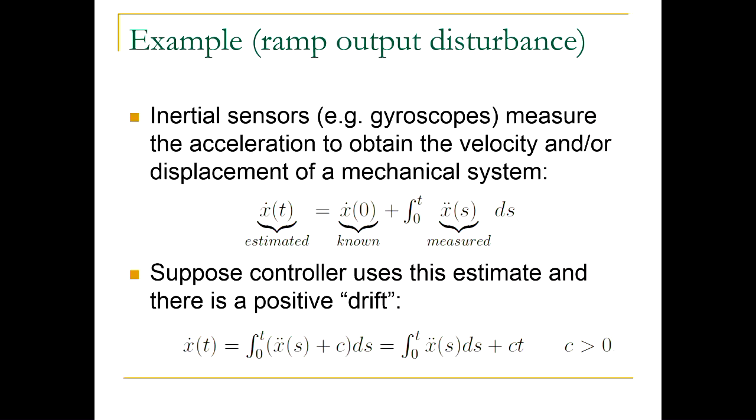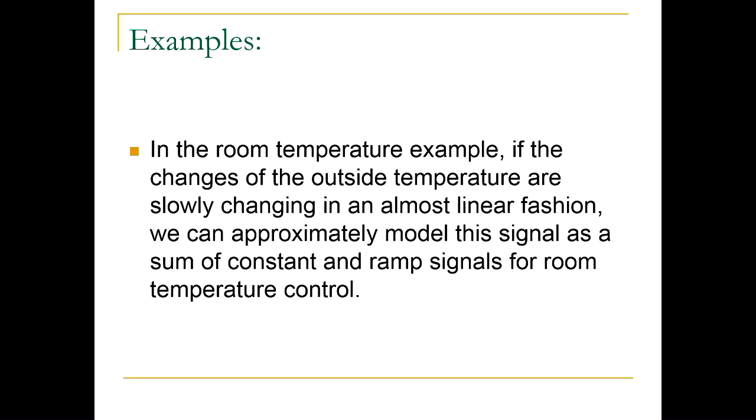This bias is a non-zero value. It depends on your inertial sensor. And then when you integrate this, your estimate is the true value of the velocity, which is the integral of this, plus some ramp signal. So you can get ramp disturbances in your closed loop in this manner, if you are estimating velocity from acceleration.